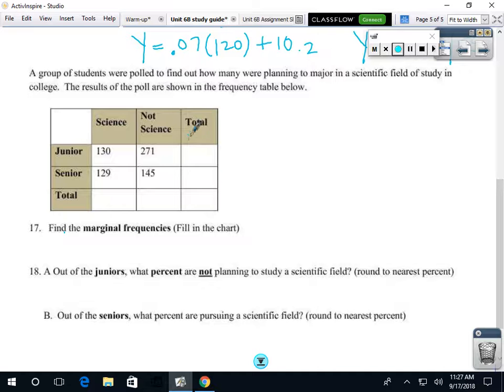So, Ty, can you fill in the totals for us? Grand total, okay. Does everybody agree with these marginal frequencies, the totals?